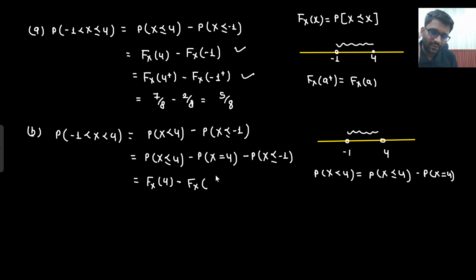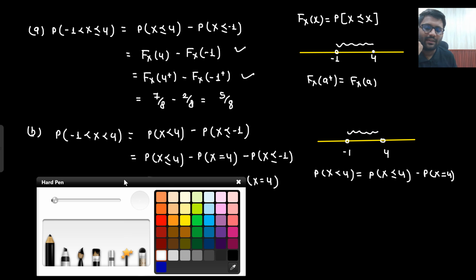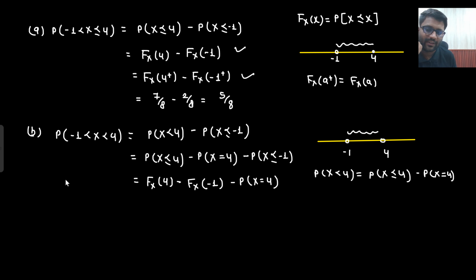Fx of minus 1. So most probably this option will be mentioned in your examination. This particular option will be mentioned in your examination. Most probably this particular option will be given.